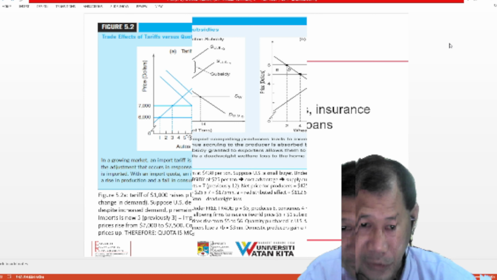So we can take the equivalent, take the 3 and bring it up, then we make the line. We know the price after, later, not before. That's the quota. So they have the same impact, 3, with the same two deadweight losses.